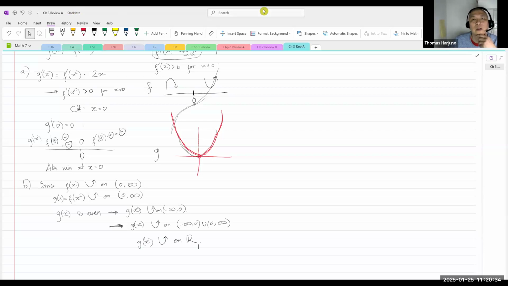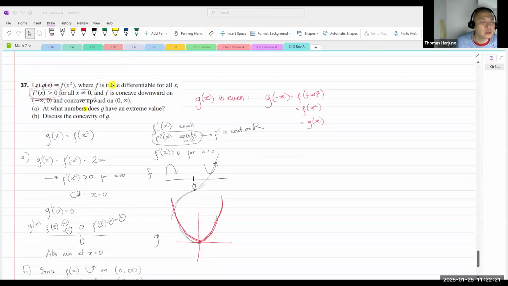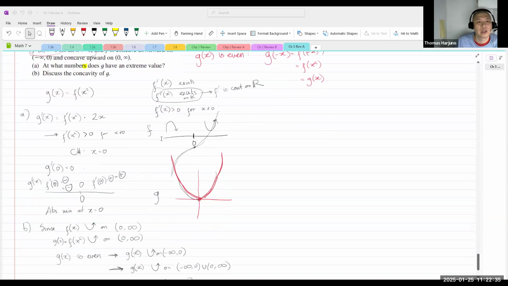But let me think about it a little bit. So yeah, I really question why they put a plural numbers for g having extreme values. Or maybe that's because of the grammar only. But this is what I get.